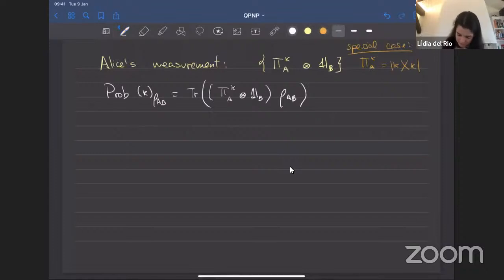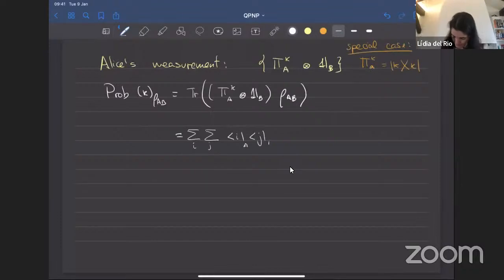So then, well, the trace is a sum over something on the first system and something on the second system. Let's say in the first system we sum over all the basis elements i, and in the second system over j.